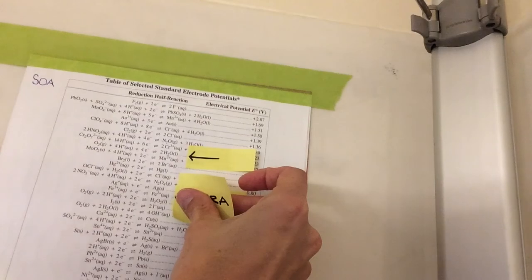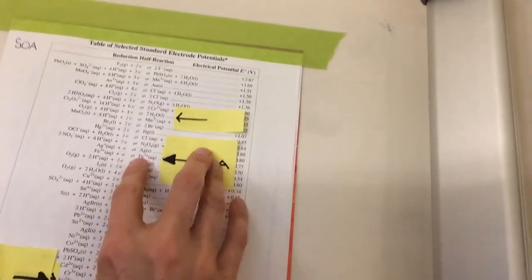If we follow the right-hand side up, we also have iron 2 ions up here. They become iron 3 ions when they're acting as reducing agents, and then water above it. So our strongest oxidizing agent is our iron 2 ion, writing it from left to right, and our strongest reducing agent is our iron 2 ion, writing this equation from right to left. All right, so let's go ahead and do that.